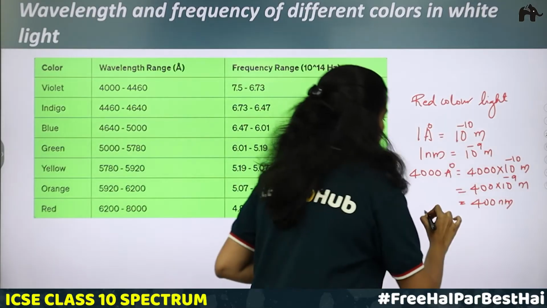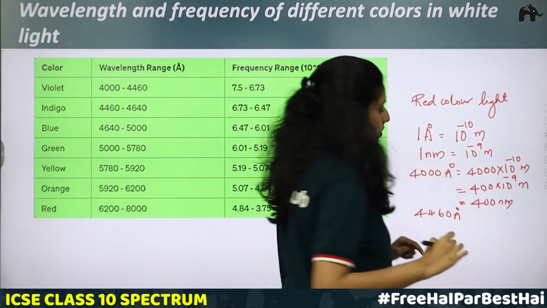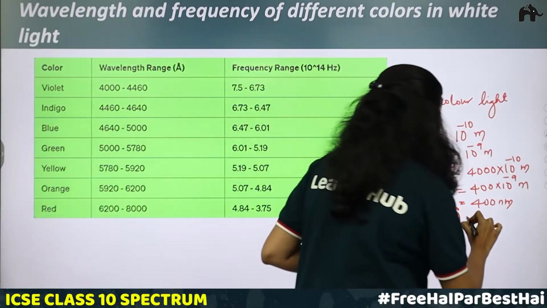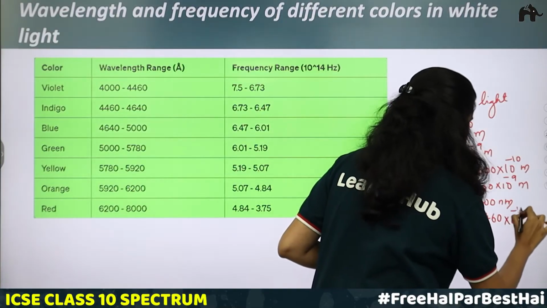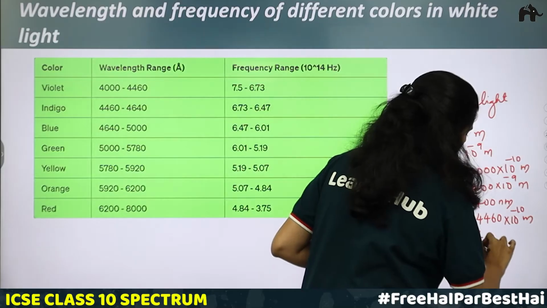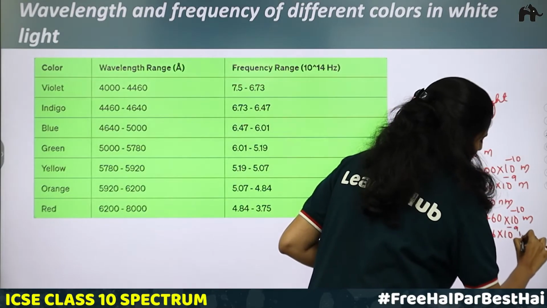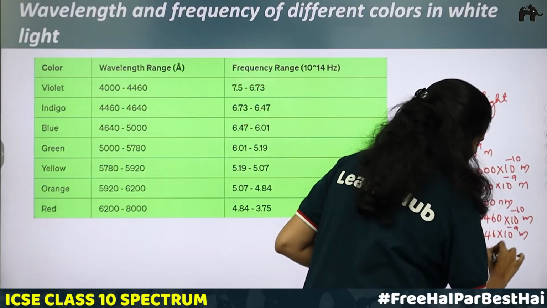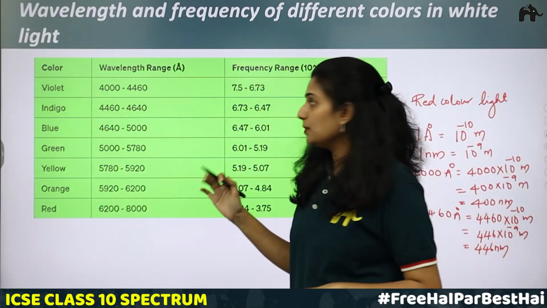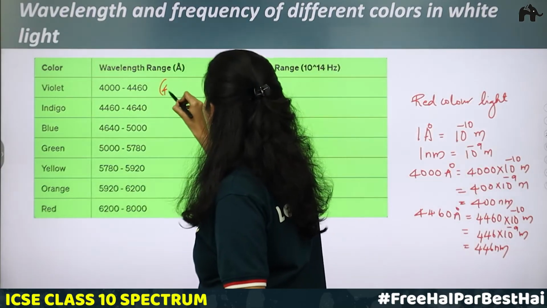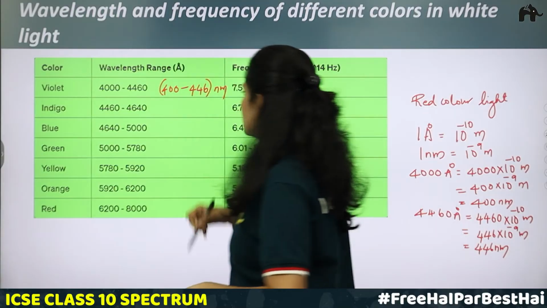And we have 4460 angstrom. 4460 angstrom will be equal to 4460 into 10 raised to minus 10 meter, which is equal to 446 into 10 raised to minus 9 meter, that is 446 nanometers. So if you are converting to nanometers, violet is 400 to 446 nanometers.